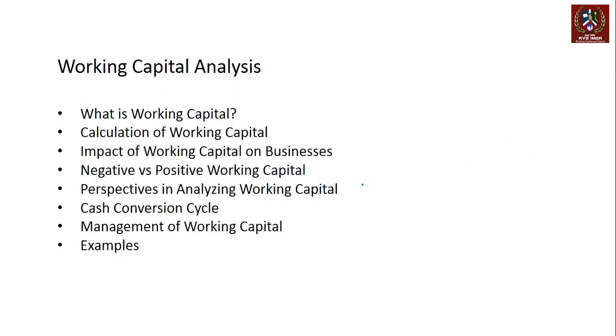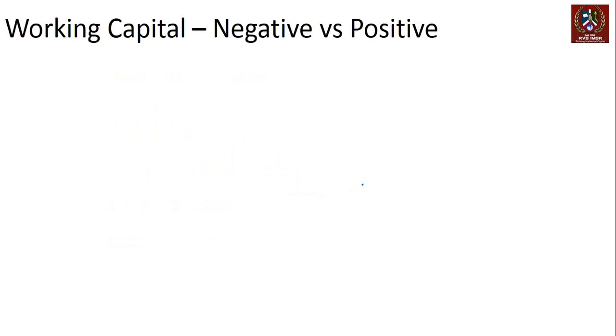So let's identify the tenets around negative versus positive working capital. Now, let's for a moment continue with our assumption that we are not keeping cash in our discussion. So we put cash aside and just bucket it outside of our discussion, right?